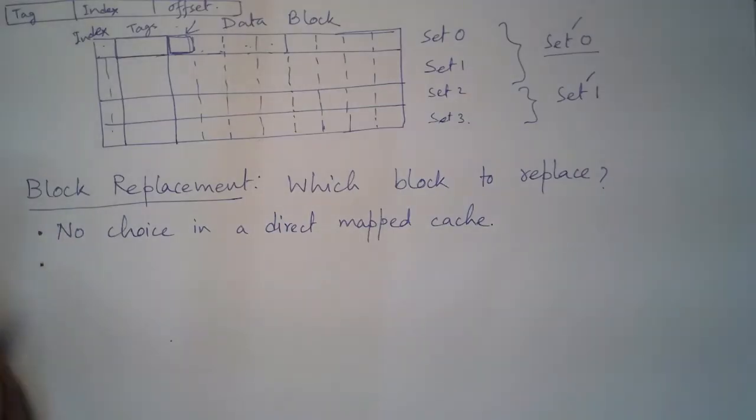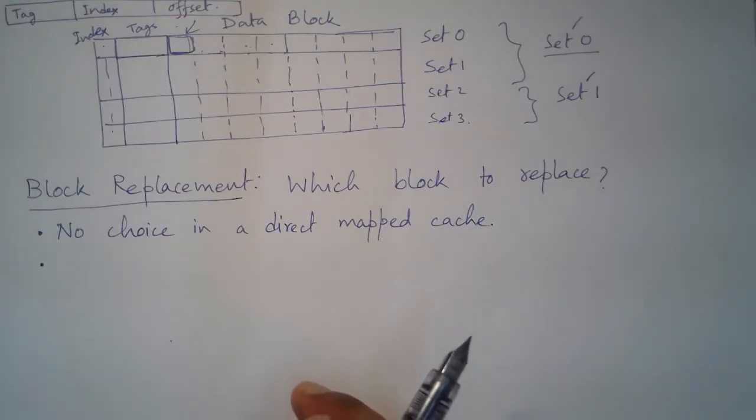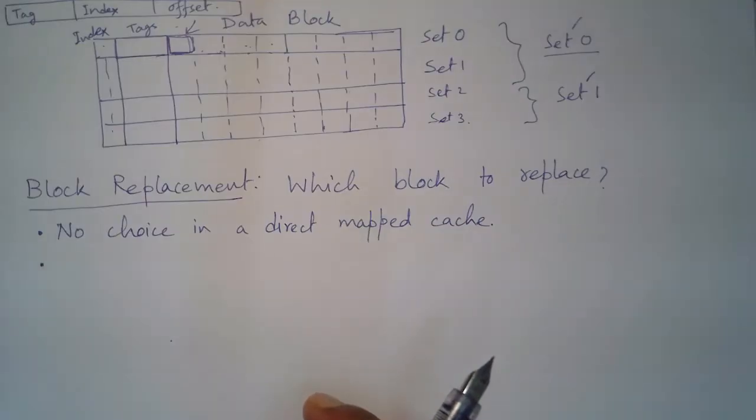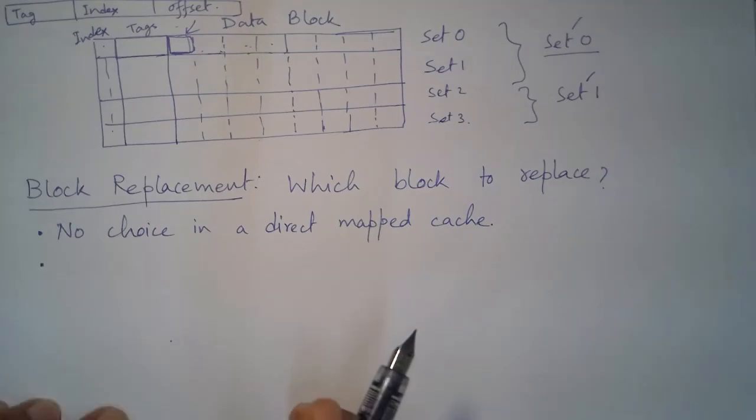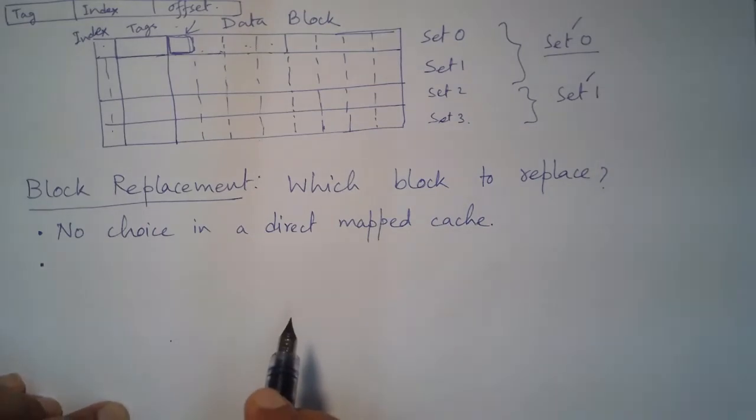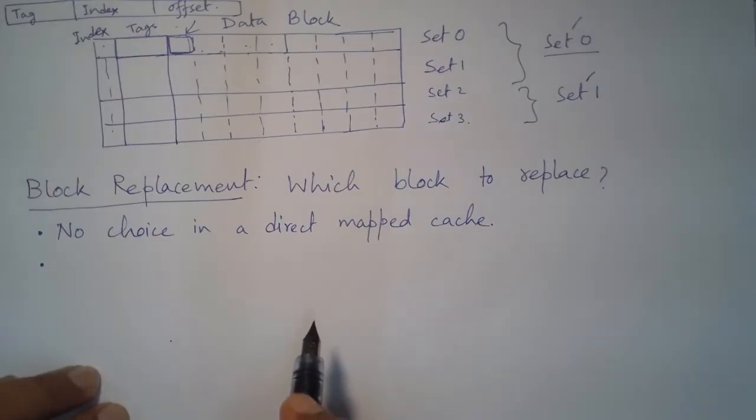In an associative cache, which block from the set should be evicted when the set becomes full? That is the question we have to answer now. In a set associative cache, we have multiple blocks. Now, which block from these multiple blocks should be replaced or evicted when this set becomes full?